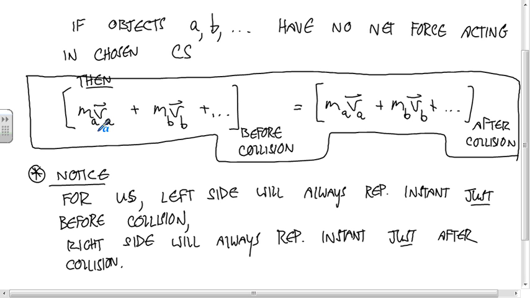Usually we'll know the velocities and the momentums of objects before the collision and be trying to calculate the velocities after the collision. If this is true for every type of collision, if this is true for Play-Doh running into Play-Doh and it's true for pool balls running into pool balls, does it seem like this should be enough information to know what the velocities are going to be after the collision?